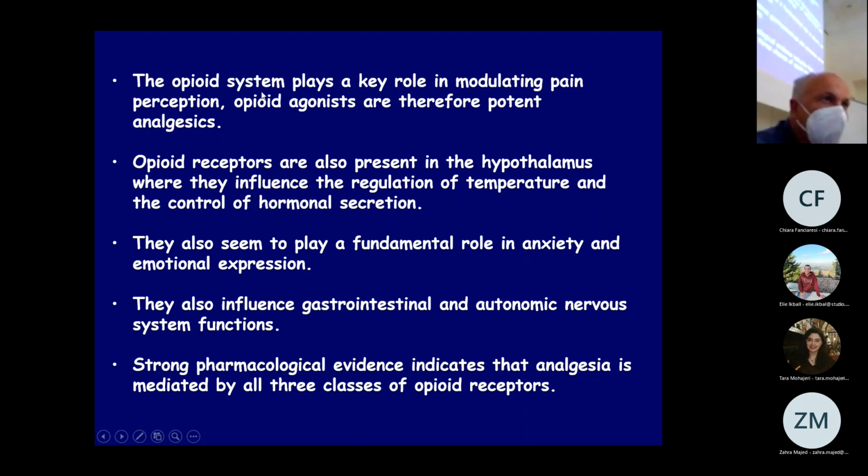So we have already described the role of the opioid receptors in the modulation of pain. Opioid receptors are present in the hypothalamus, where they influence the regulation of temperature.